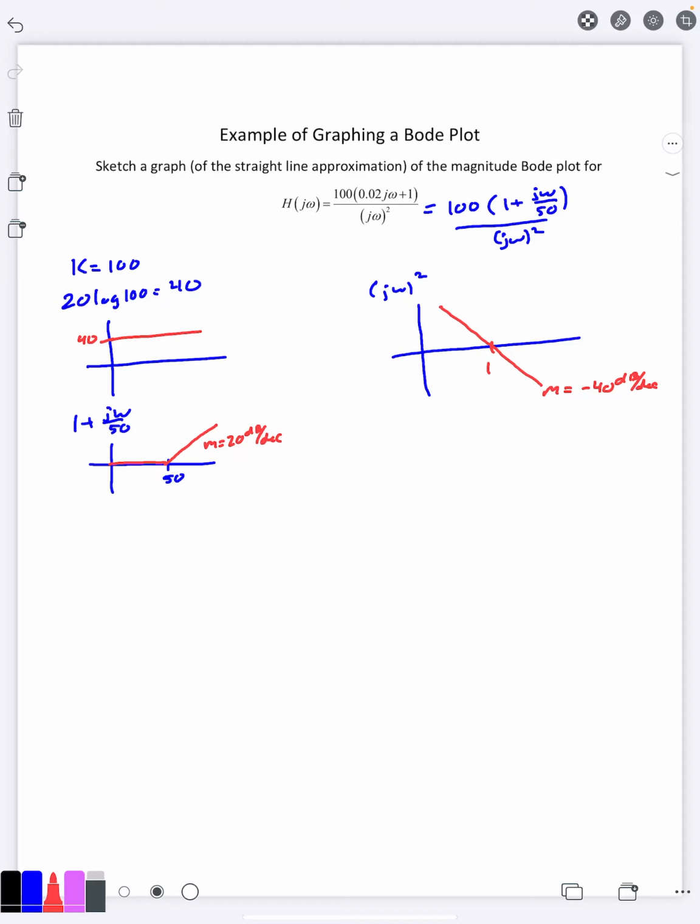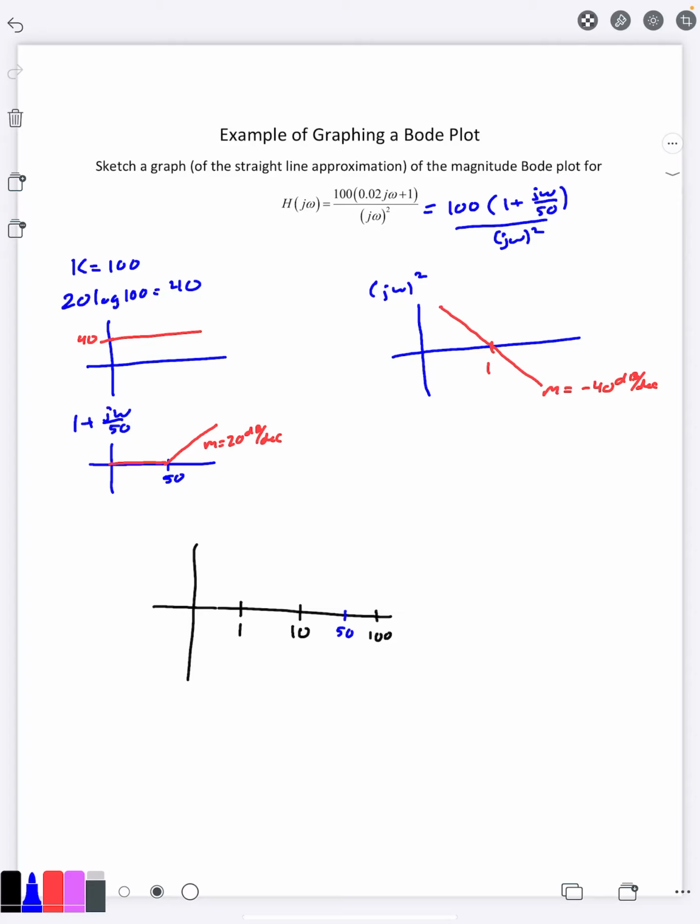So putting these things together here, we want to draw our overall Bode plot. We know that we're going to need to have 1 here for the j omega squared term. If I go up by a decade to 10, and then another decade up to 100, I can go ahead and mark 50 in there, a little bit past the middle.